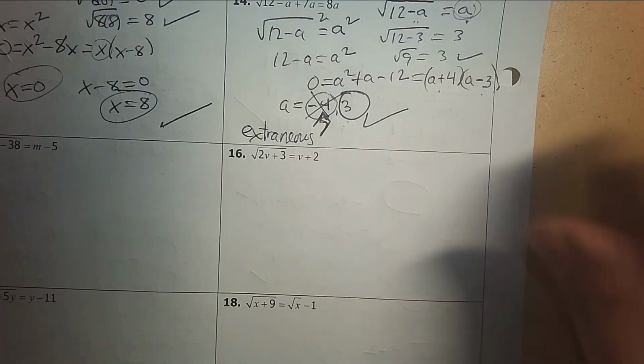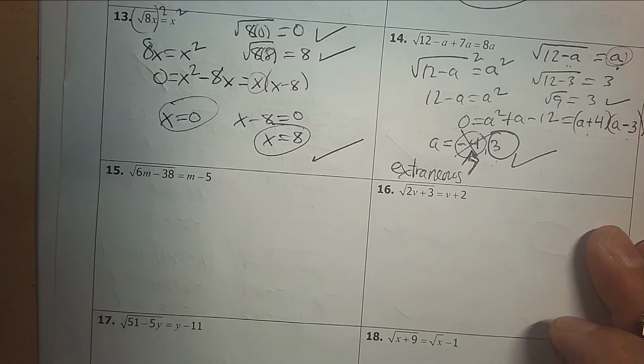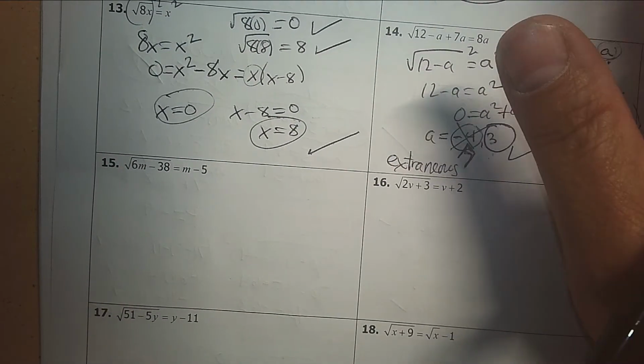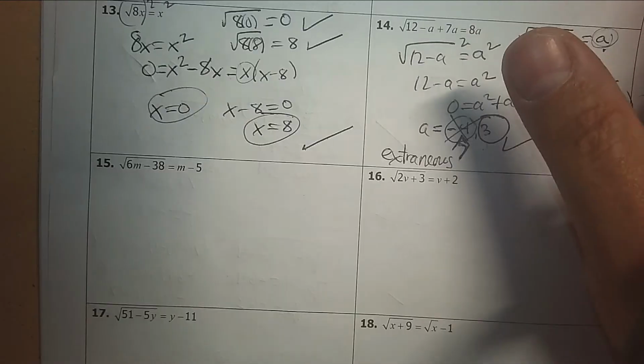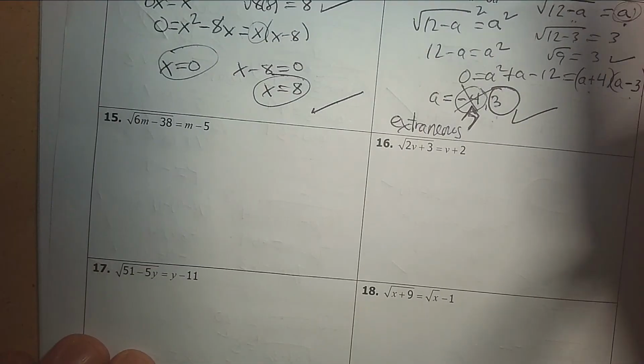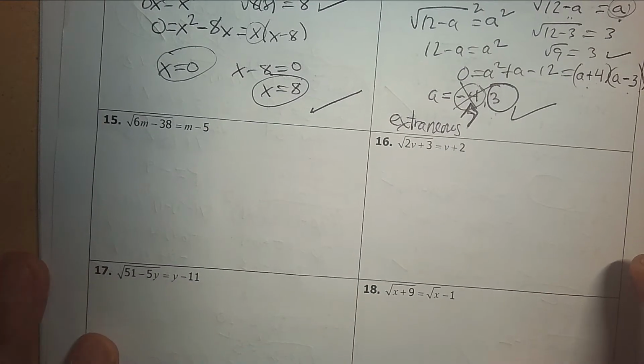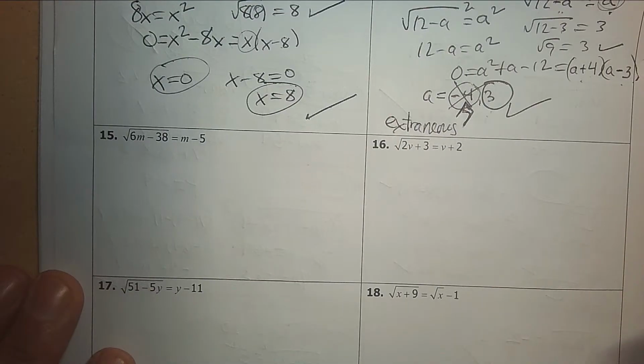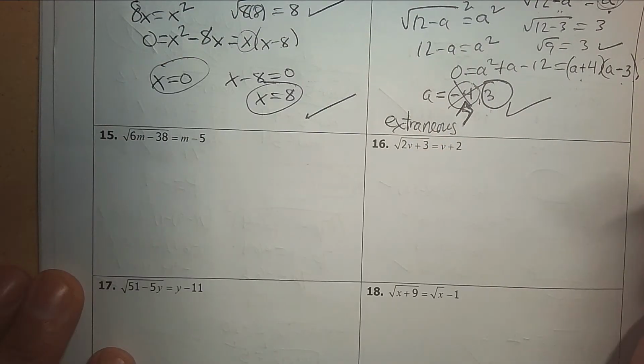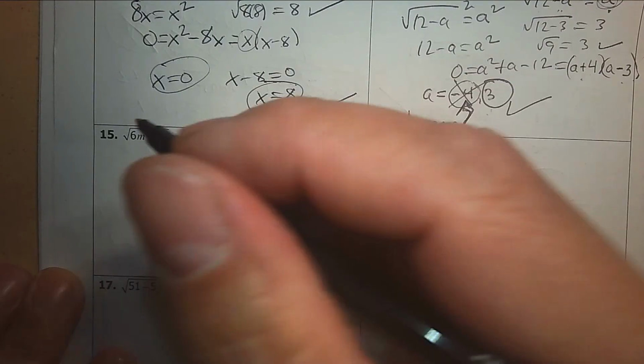Cristobal, you ready? What would you do first? That's okay. It's good I asked you then. What should I do first? Root 6m minus 38.